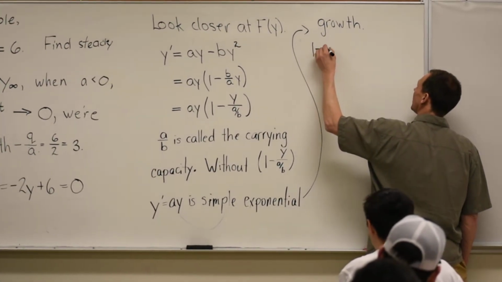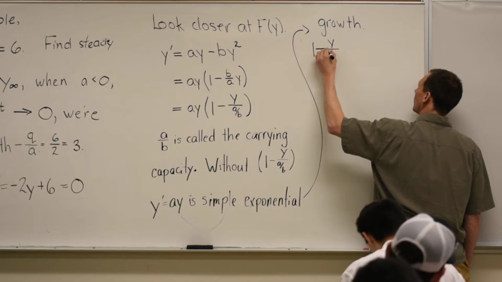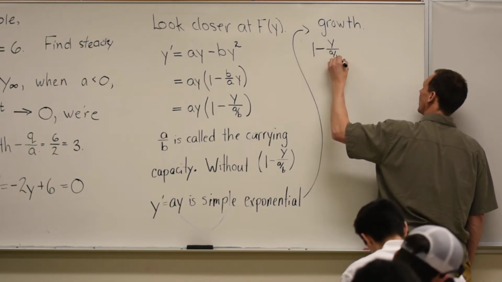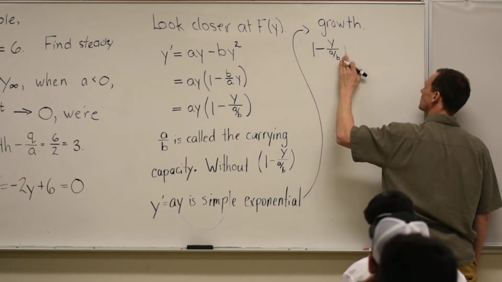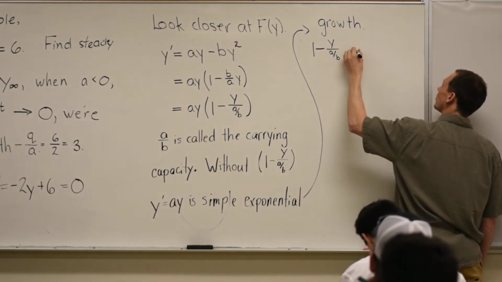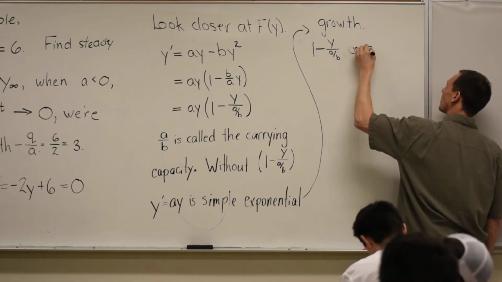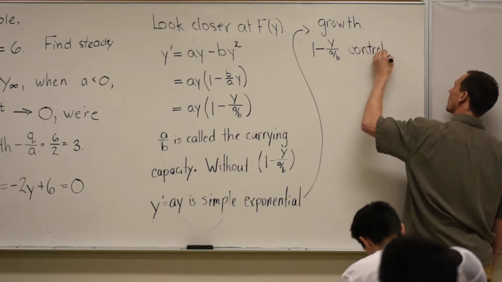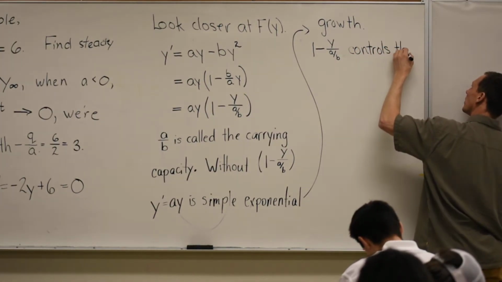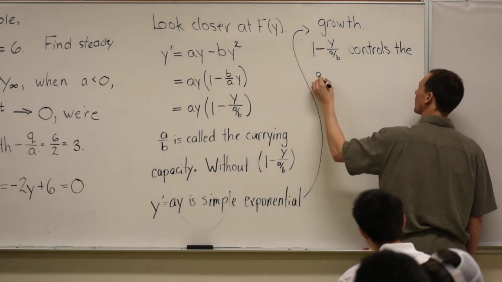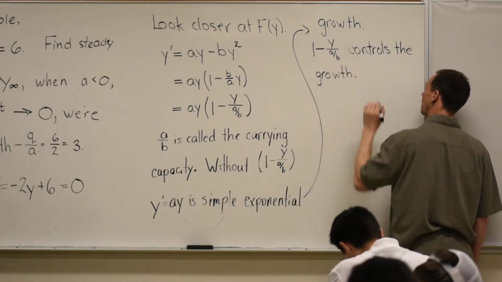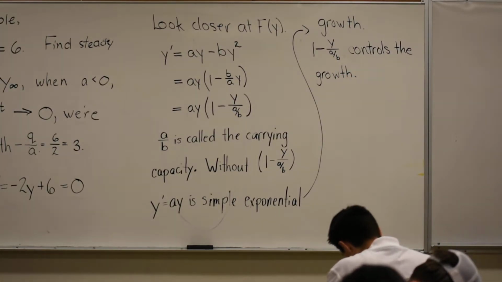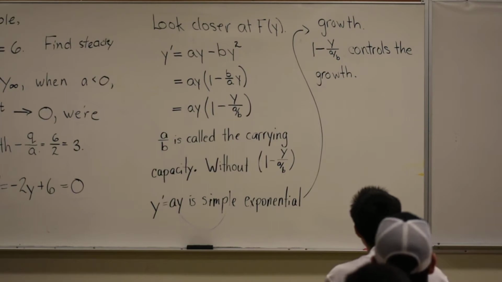Now, 1 minus y over the fraction a over b controls the growth. So the question is, how does that work?